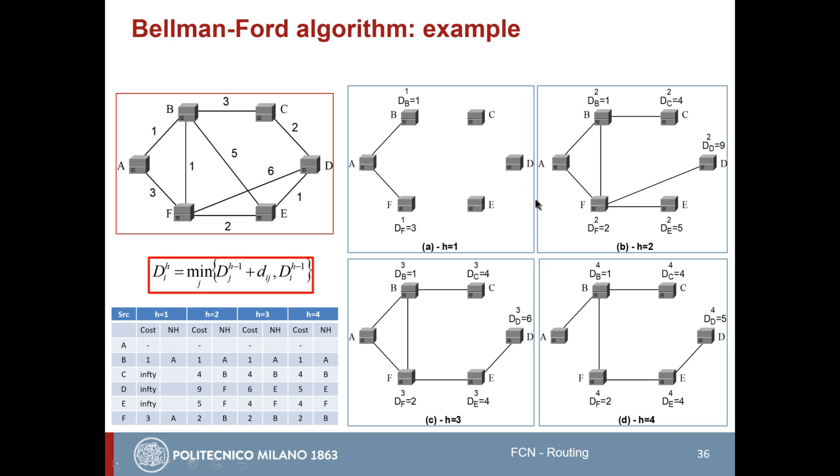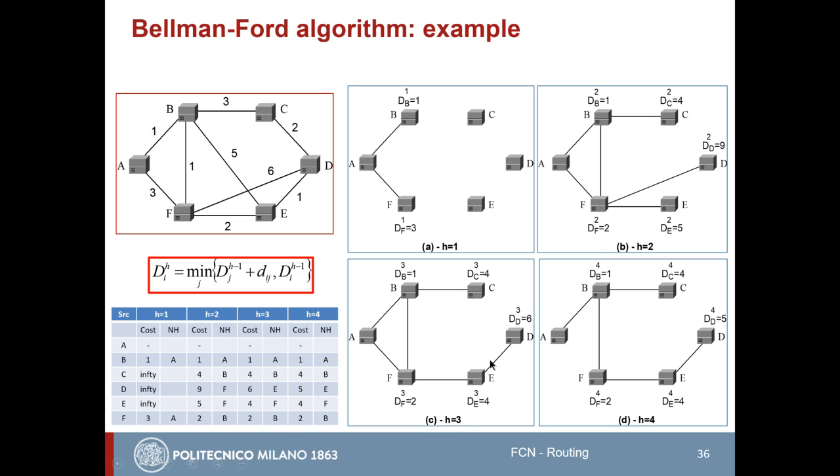It's a 2 hop path. But if you go to step 3, now the distance of D has reduced to 6, and the previous node connecting D is E. So basically the path from A to D is A, F, E, D. It's a 3 hop path.